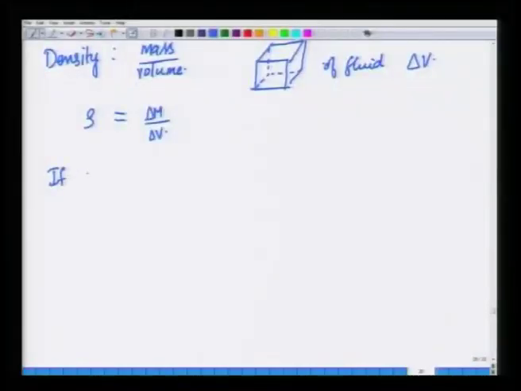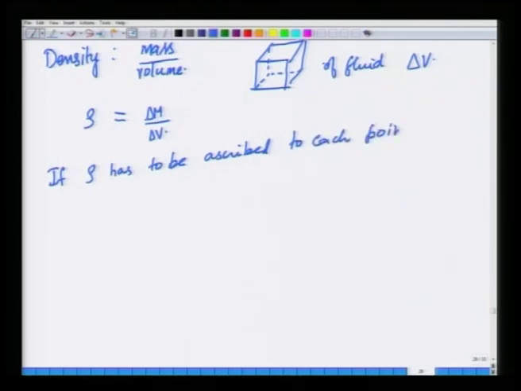So, if density has to be ascribed to each point in a fluid flow, then I would take a point, and around that point I will construct a cubic volume element of volume delta V, and I will define density at that point x.